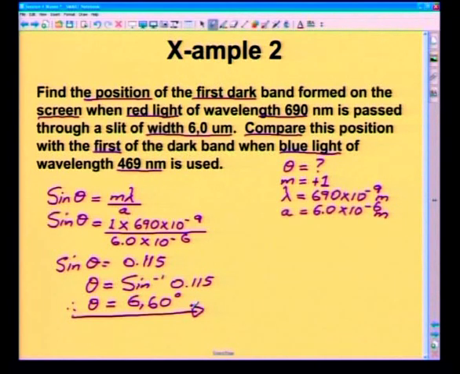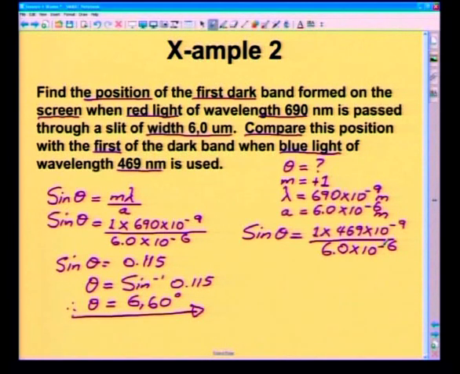But we need to compare this to when you are using blue light. Now, for using blue light, I'm not going to write this formula in full. I have it there. Let me just quickly put the answers there. The first dark band is 1 times the wavelength of the blue light, which is 469 nanometers, so 469 times 10 to the power minus 9 to convert, divided by the same size of the slit, because we're still using the same slit.